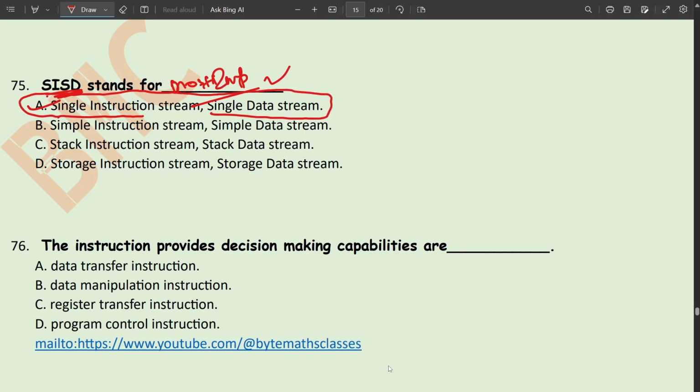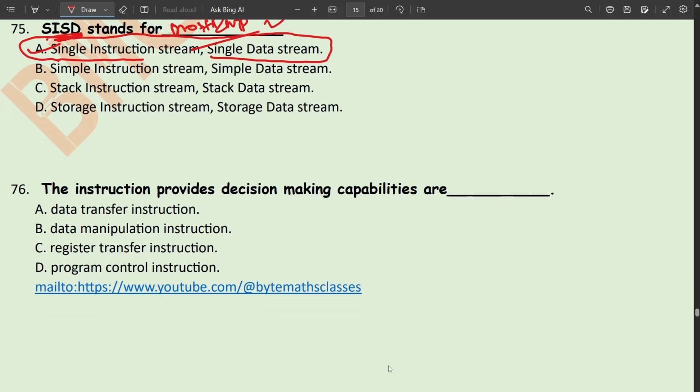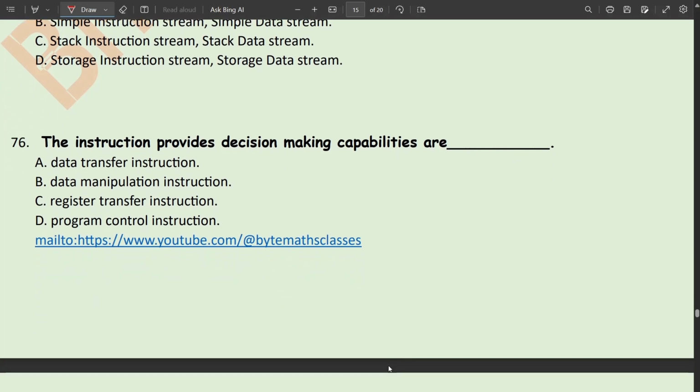Option number A is correct. Next, the instruction provides decision making capability is what? The answer is program control instruction. Option number D is correct.